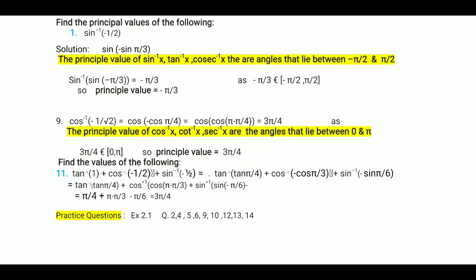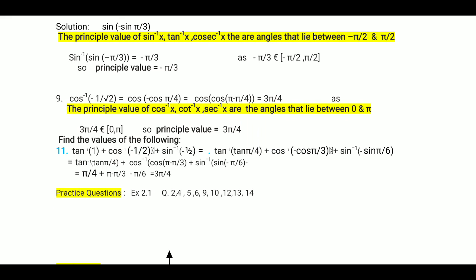So you write tan inverse tan pi by 4 plus cos inverse, and here minus half is the value of minus cos pi by 3. So you write cos inverse minus cos pi by 3 plus sine inverse minus sine pi by 6, as half is the value of sine pi by 6.